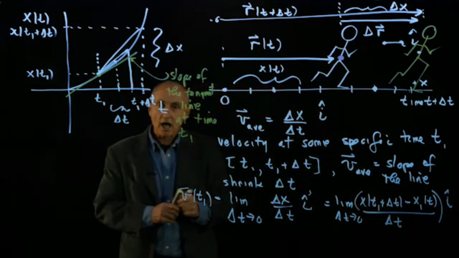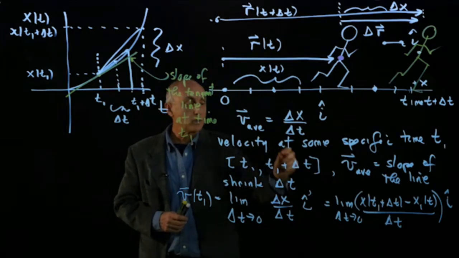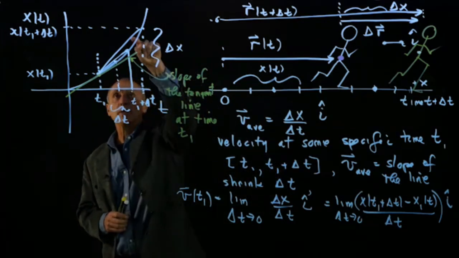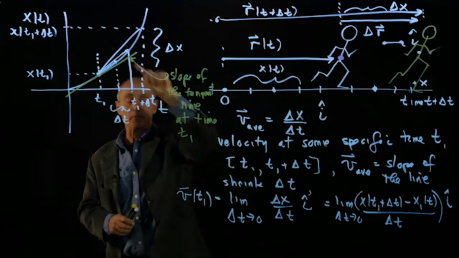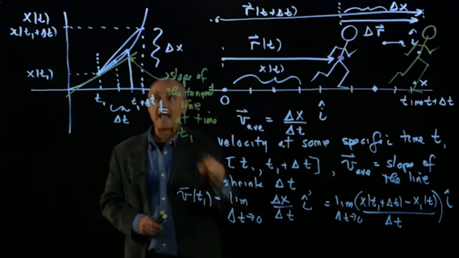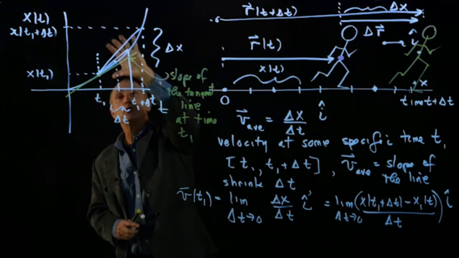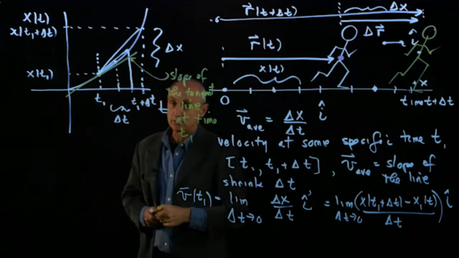So a limit is a sequence of numbers. We take a fixed delta t, we calculate the slope. We take a smaller delta t, calculate the slope. And each time we do that, the slopes represent a sequence of numbers, and the limit of that sequence, you can see graphically, is the slope of the tangent line at time t1.